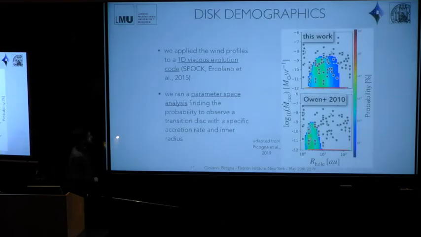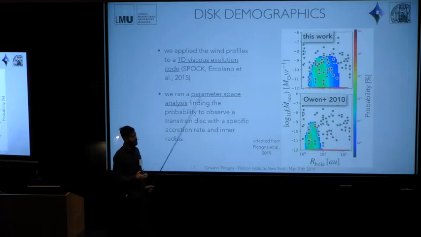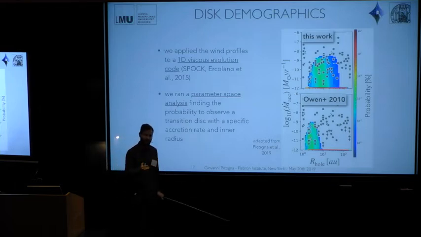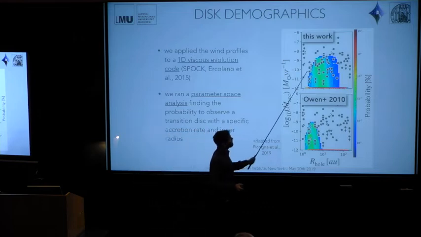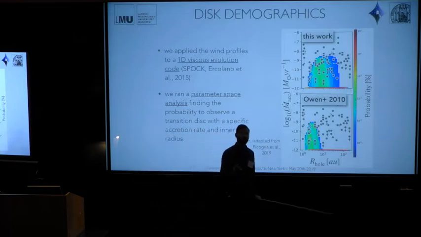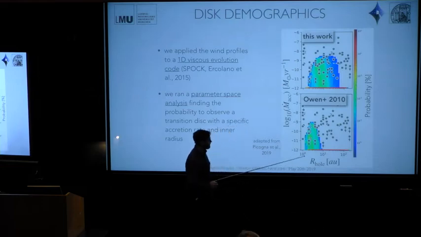Then we can take this, run a series of models like this one, spanning the parameter space, and generate the probability of finding the system in a specific configuration, again as I was showing here, with a certain hole or gap size and a certain accretion rate onto the star. So this was the old James Owen model.